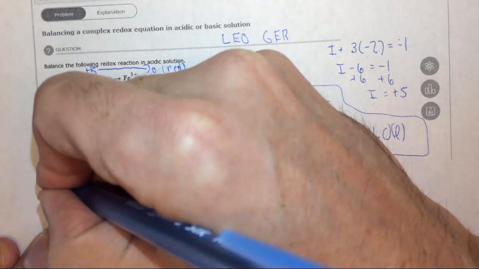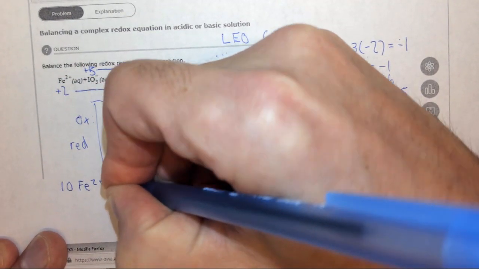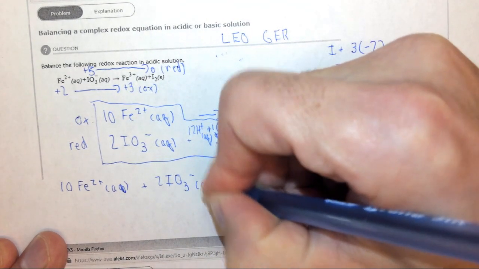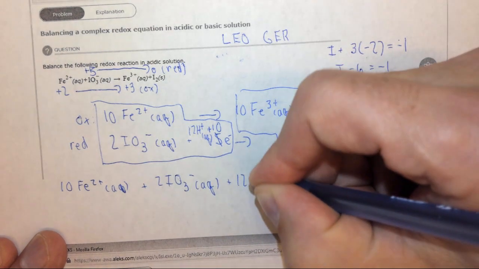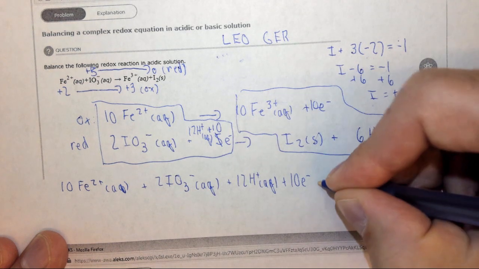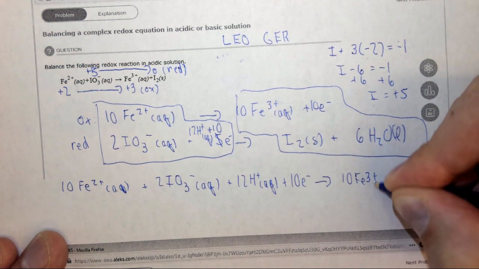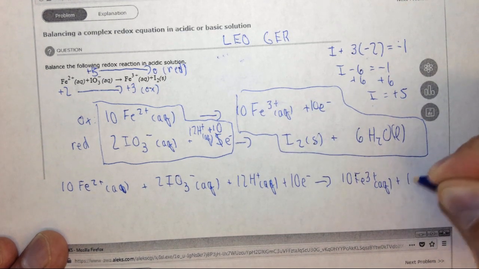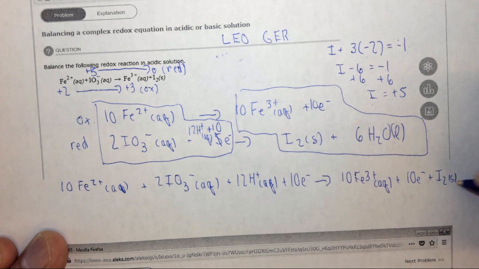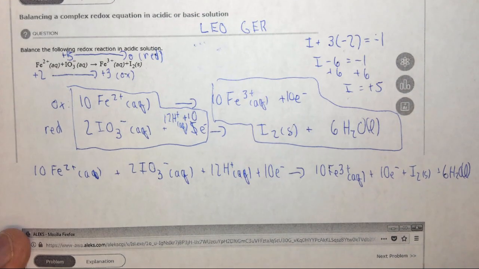So in this case, we have 10 Fe2+ aqueous plus 2 IO3- aqueous plus 12 H+ aqueous plus 10 electrons yields 10 Fe3+ aqueous plus 10 electrons plus I2 solid plus 6 H2O liquid. And hopefully you can see that.